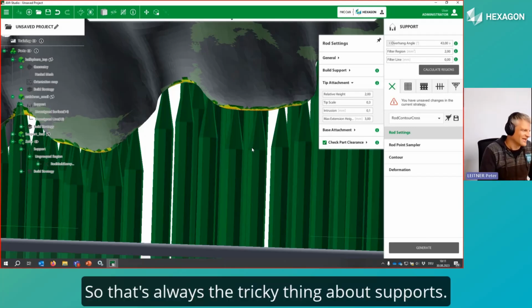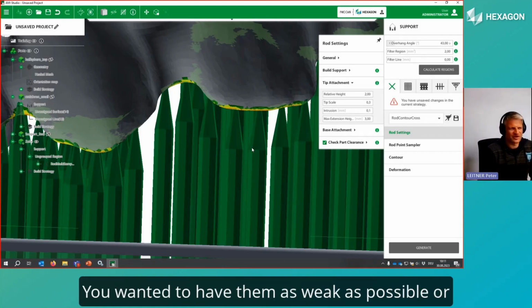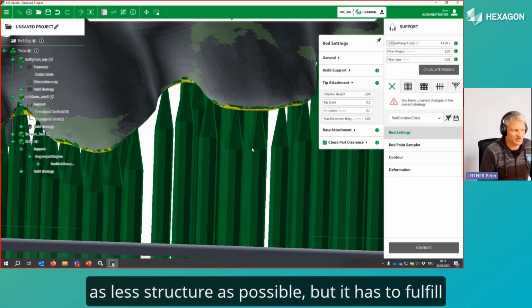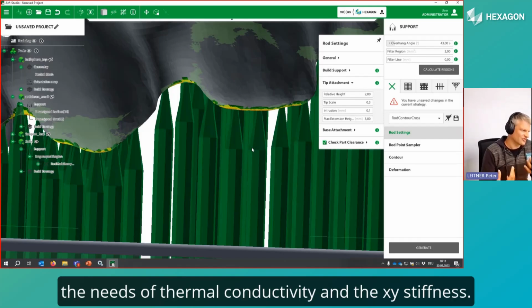So that's always the tricky thing about supports. You want to have them as weak as possible, or with as little structure as possible, but they have to fulfill the needs of thermal conductivity and the XY stiffness.